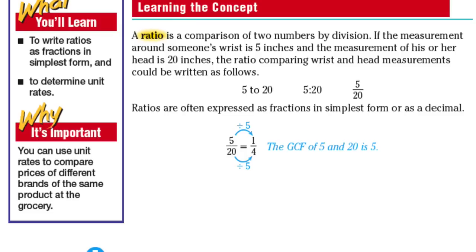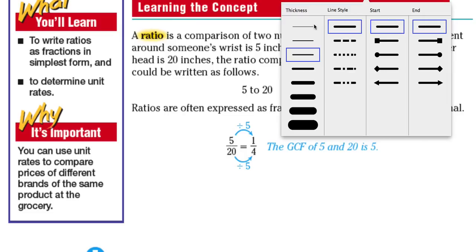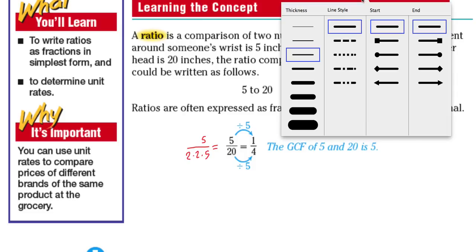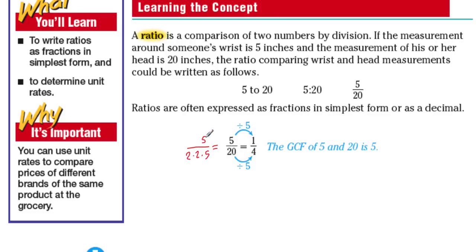And again, we talked about how to write ratios or fractions in simplest form. The best way to do that would be using the prime factorization. Prime factors of 5 is 5, prime factors of 20 are 2, 2, and 5. If you cancel out the common factors, that's a 1, that's a 1, you end up with 1/4.